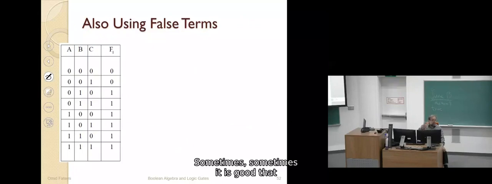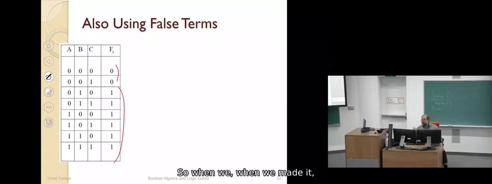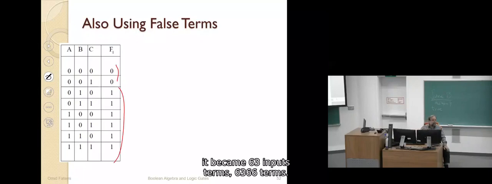Sometimes it is good that we use, here we have 2 zeros and 6 ones. So when we made it, it became 6 input terms, 6 terms. But if you look at zeros now, we might be able to do it much better.